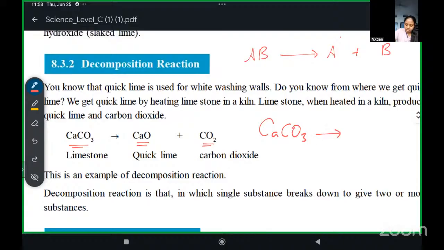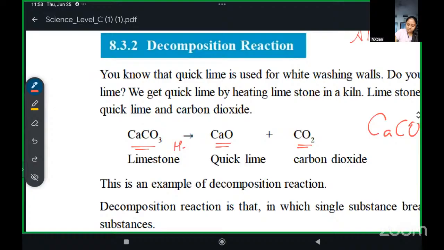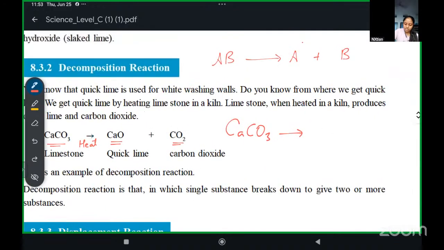CaCO3, when you heat it up, in the presence of heat, breaks down to give you CaO. That means one O. O3 means I'm having three O, so one O is here. Ca and O.